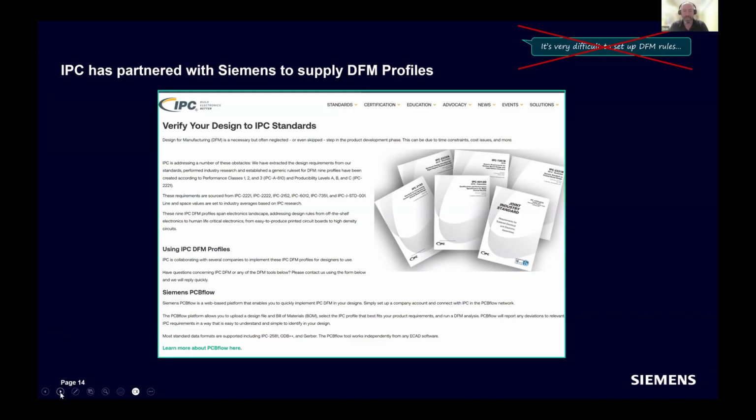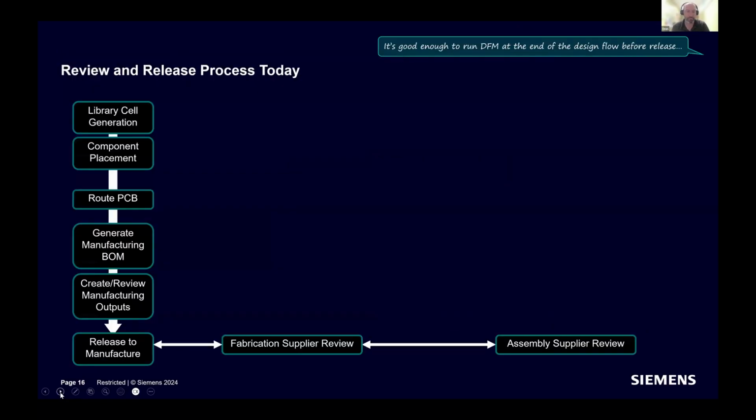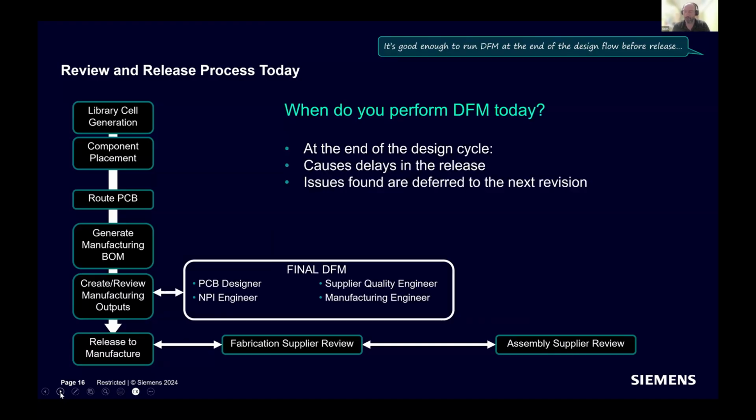So anybody using Valor NPI for doing DFM, whether it's in Altium, Expedition, or Cadence, can download these IPC profiles from PCBflow.com and use them. If you don't want to go into the effort of creating your own DFM profile and you want to initially do something, this is a good starting point to get some immediate results. This is a little bit about what I talked about, the microvia example, and I think you get that.